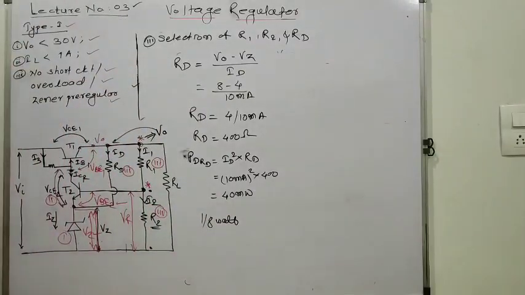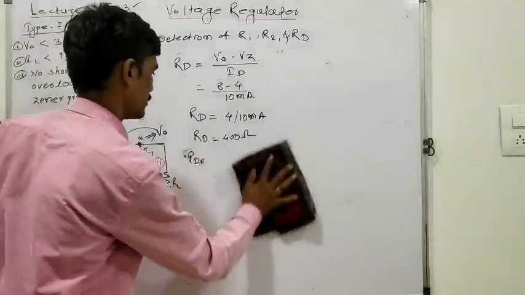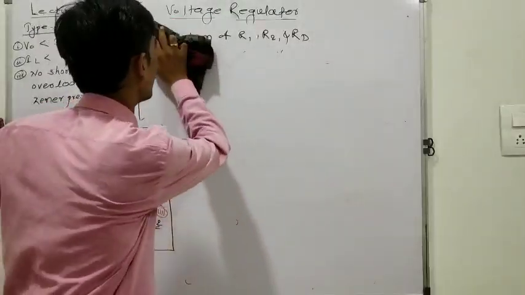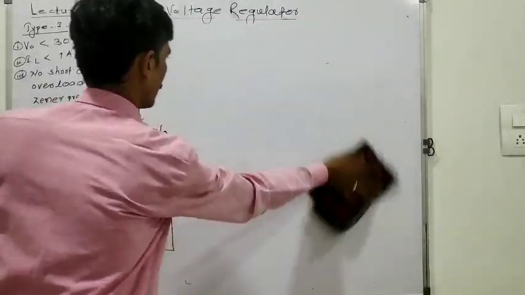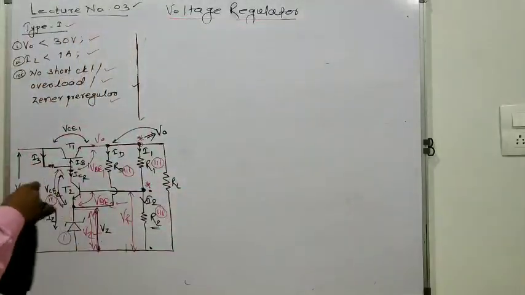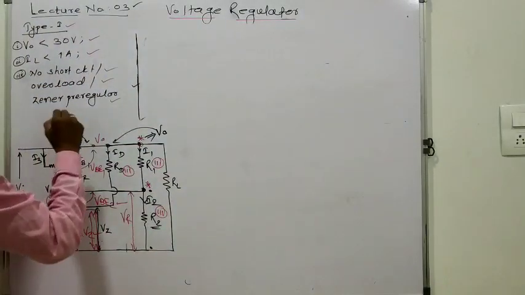So this is the selection of resistances R1, R2 and RD. The next part is the selection of transistor T1.